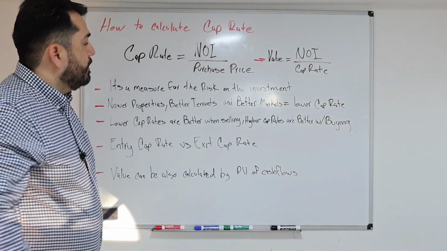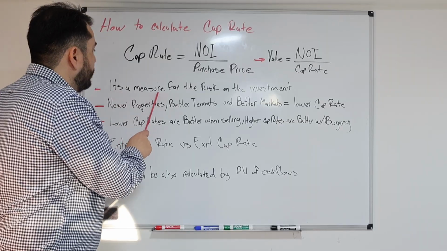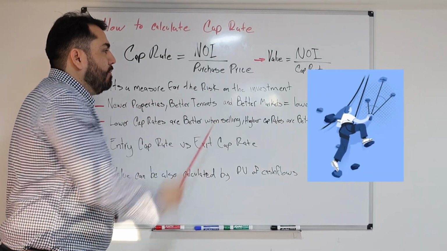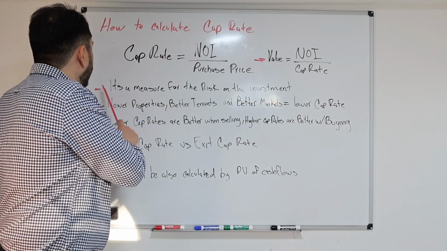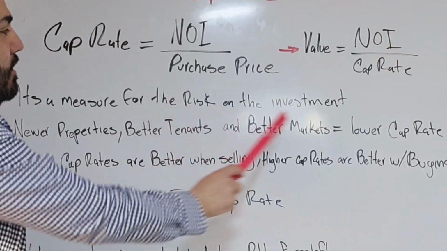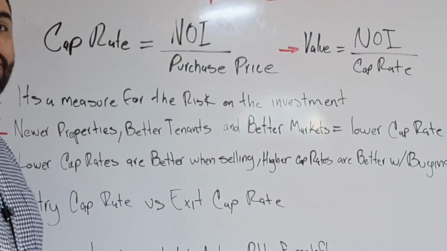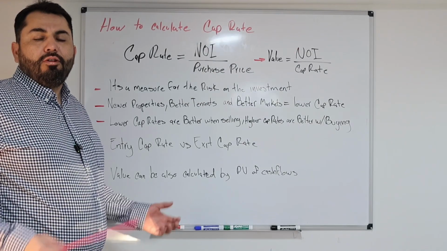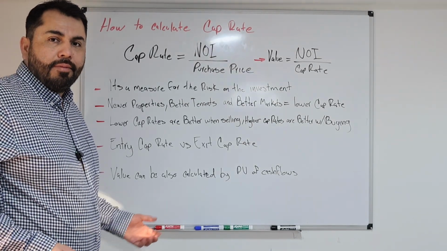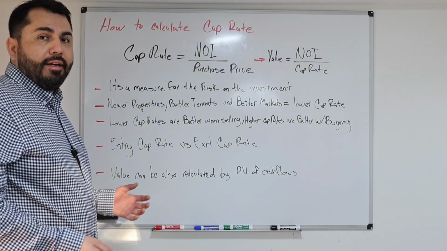Really simple. But this is a measure for the risk on the investment. The first thing we have to know about the cap rate is it is a measure for the risk of the investment. So it can go up or it can go down. Because it is a risk for the investment, it depends basically on the market.